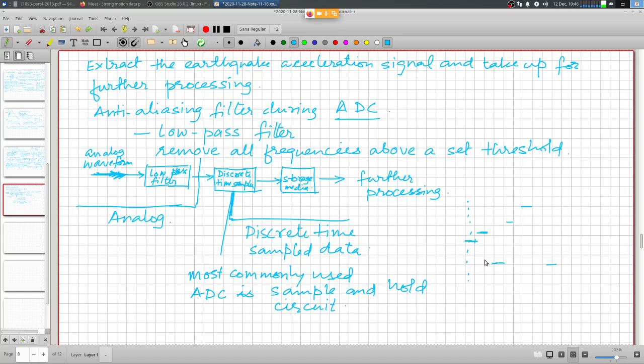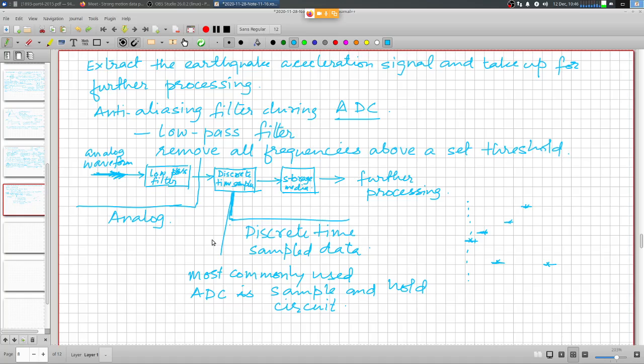Eventually you get this sampled data, which is just discrete values in time, available at the quantized level. That depends on the resolution of the ADC, how fine that resolution is, and that is what makes the sensor expensive, or determines the quality of the sensor.